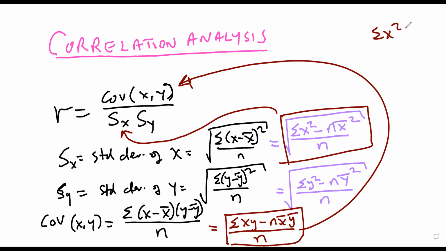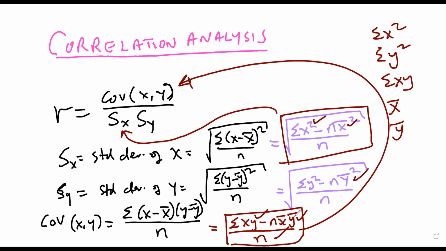Summation of X squared, easy to get from your calculator. Summation of Y squared, summation of XY, you can get directly from your calculator. X bar, you can get directly from your calculator. Y bar, you can get directly from your calculator. Meaning that the items in this formula are quite easy to obtain even from your calculator without having to do so many calculations.